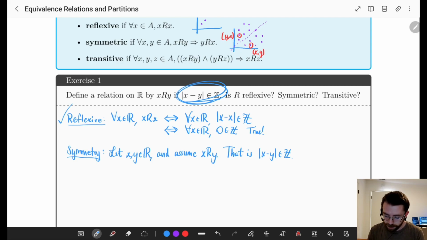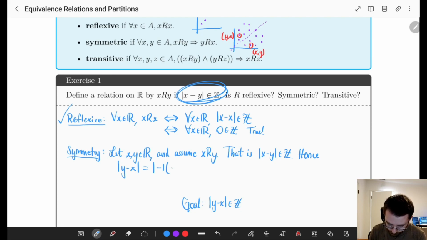My goal is going to be the reverse of that, showing that y minus x in absolute value is an integer. Maybe I'll write that down. Because if I show that, then that would imply that y is related to x. So that's my goal. How can I get there? Well, we're very fortunate in that y minus x in absolute value is the same as, let's factor a negative 1 out, so this would become negative 1 times x minus y, in parentheses.